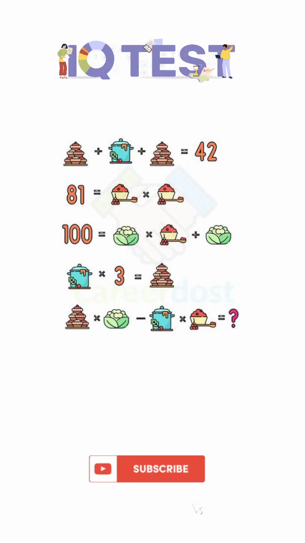Okay, Muffin Mountain will be 42 divided by 5. I don't think so.